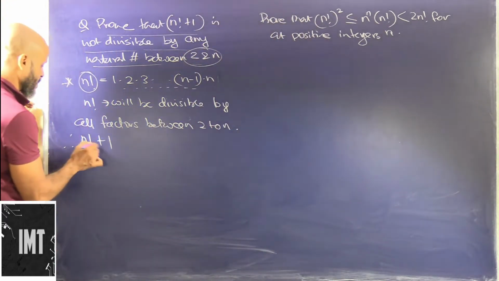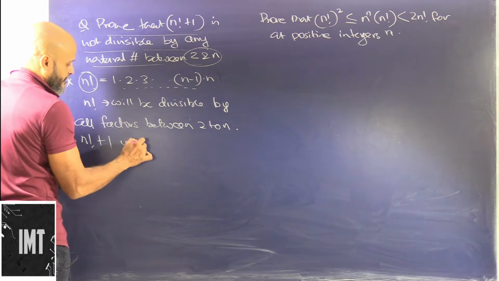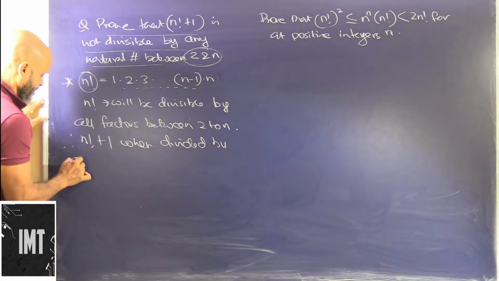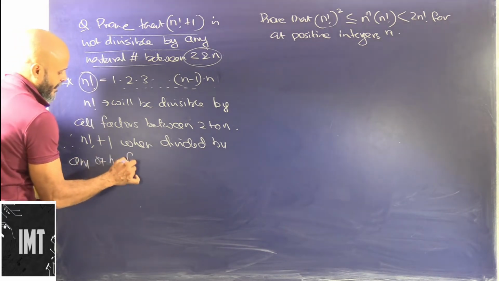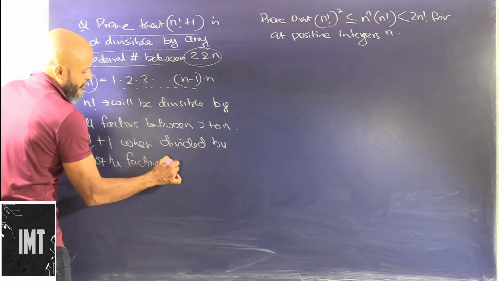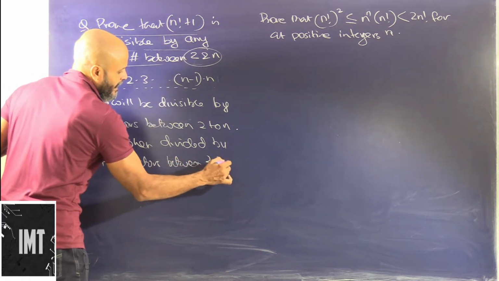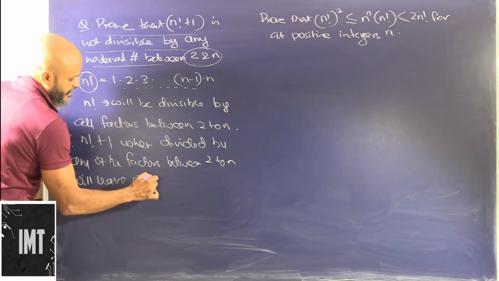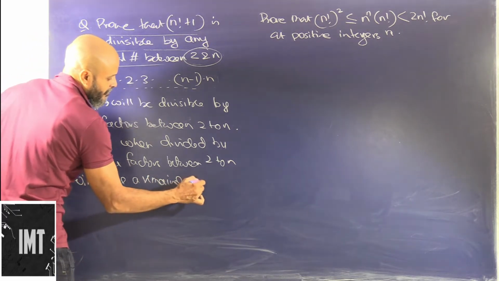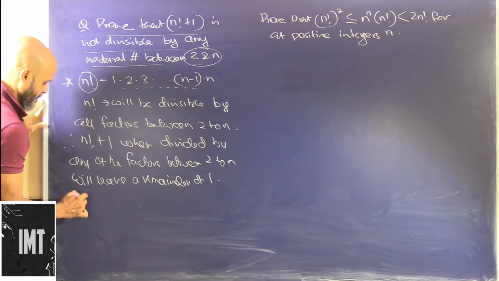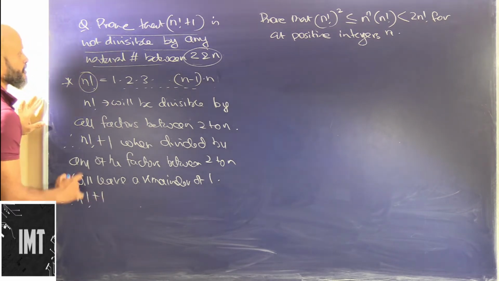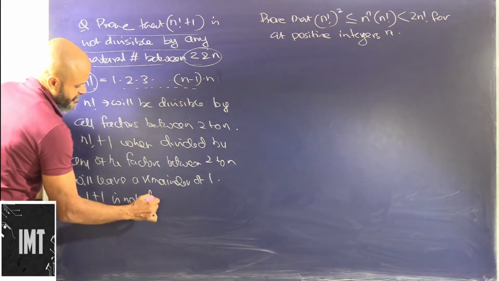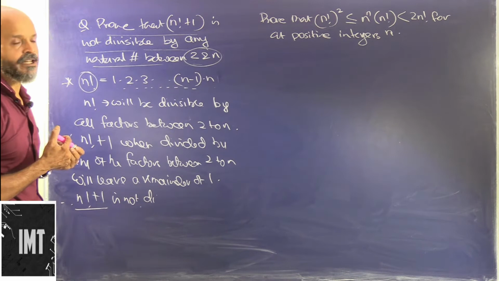So factorial n plus 1, when divided by any of the factors between 2 to n, will leave a remainder of 1, and hence, since we are getting a remainder, it is not exactly divisible.